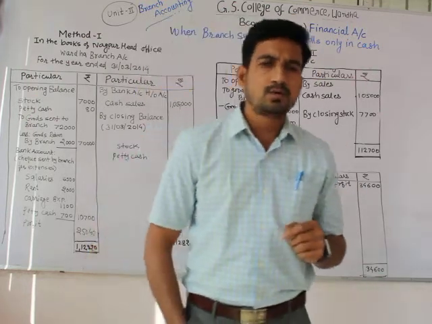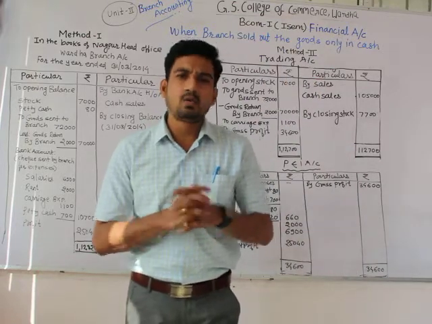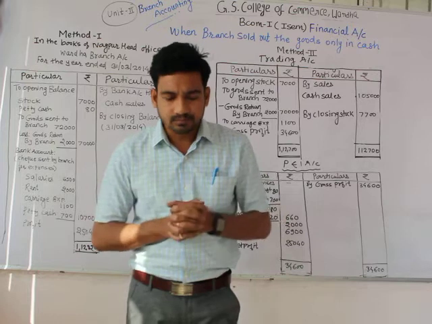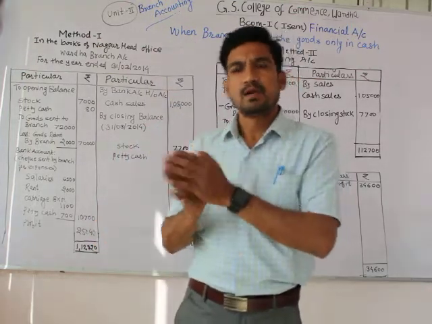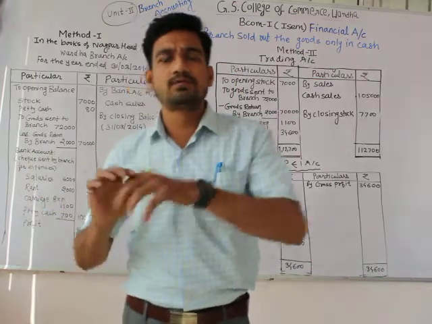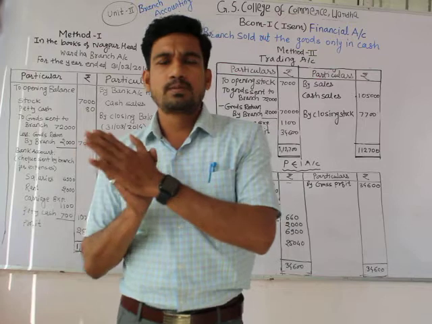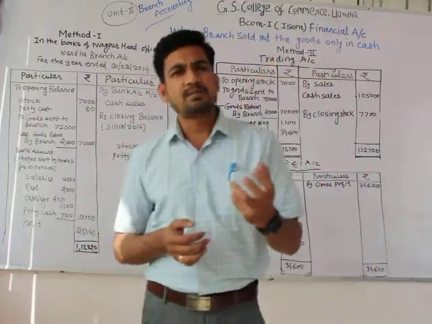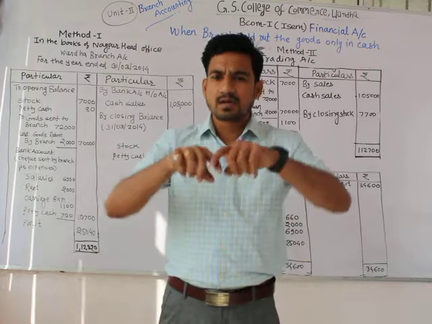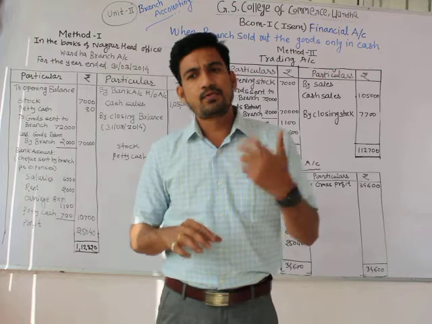In branch accounting, as the name tells us, it is accounting related to the branches. Here there is a head office, and that head office is working with the help of different branches. There are two types of branches: inland branches and foreign branches.